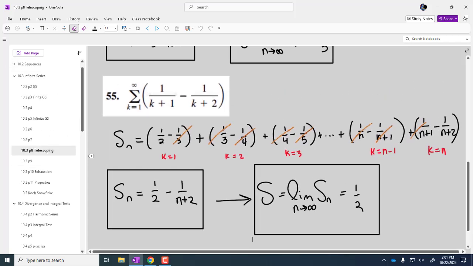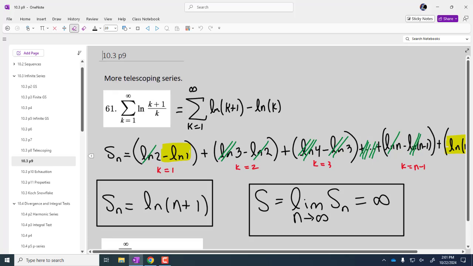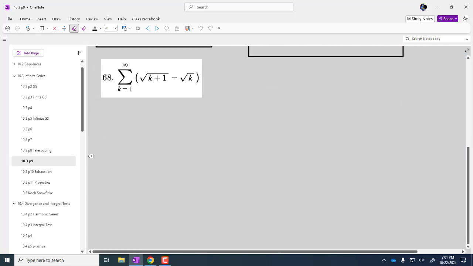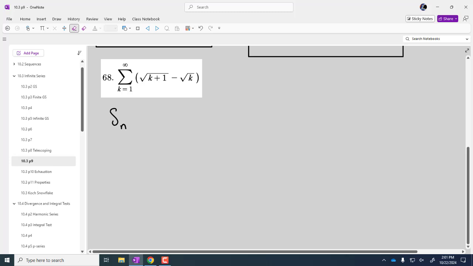A lot of the telescoping series we see look like a difference of rational functions. This one looks a little different down here, but we'll see what it looks like. Whenever we're dealing with a telescoping series, we need to find S sub n. Once again, telescoping will be the only other type of series that we can find S sub n for.